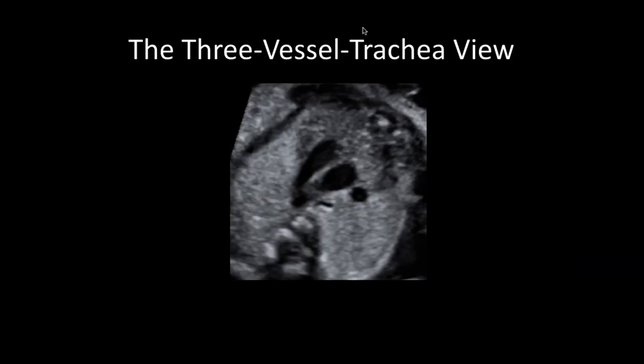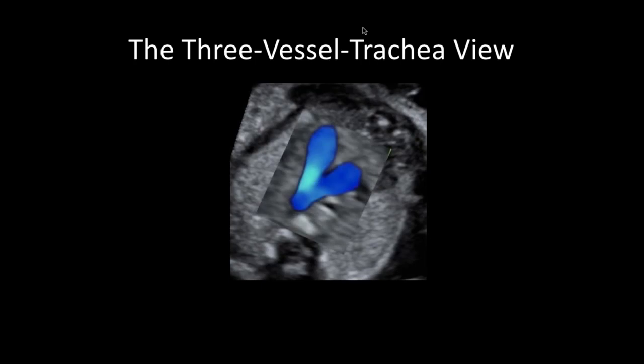So the three-vessel trachea view, a very important view that I'm going to take most of the time to discuss and describe to you, is related to seeing the great vessels in their relationship as they come to the descending aorta. And what you would see, and I will go through the anatomy in detail, is the pulmonary artery. So this is the anterior chest of the fetus.